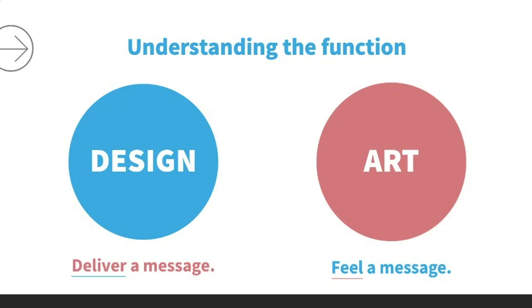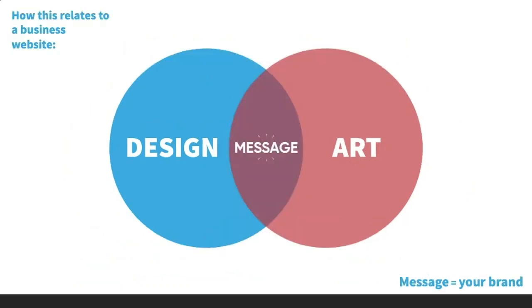That's its primary function, to get the user to feel a message. So as it relates to your website, these two things overlap and they work together to deliver the message. And in this case, when we're talking about the message, we're talking about your brand story or your brand message.